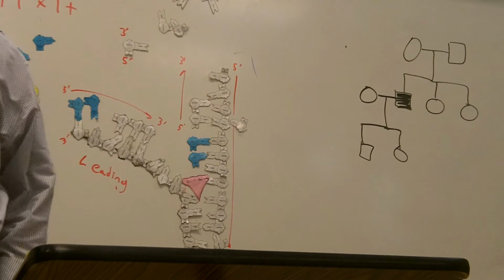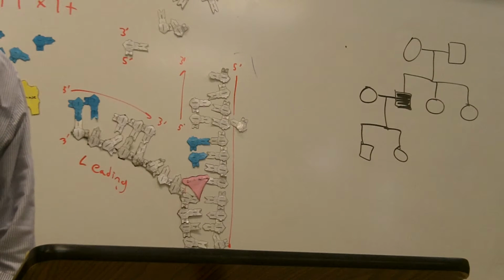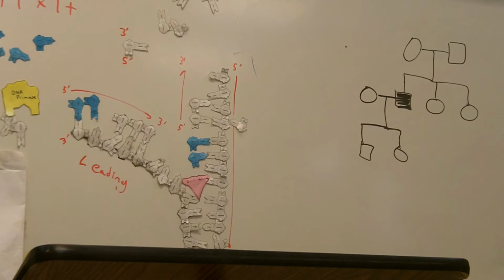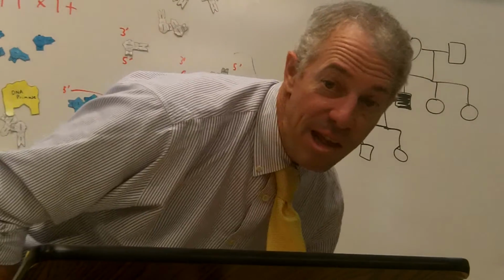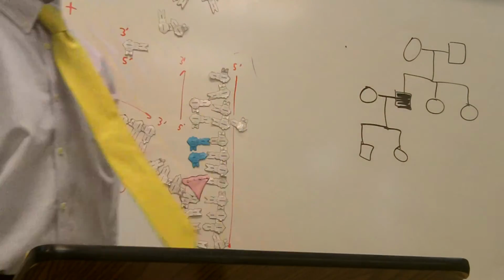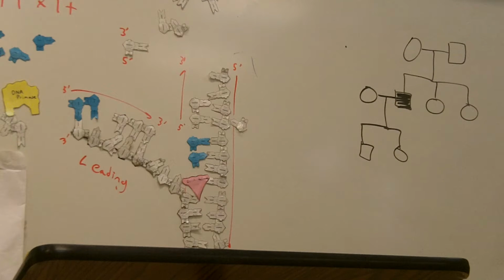Ask your partners. They're filling out Punnett squares. You have to hand this in even if you don't know it.